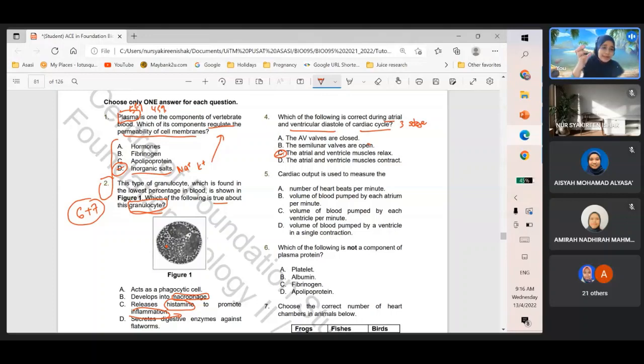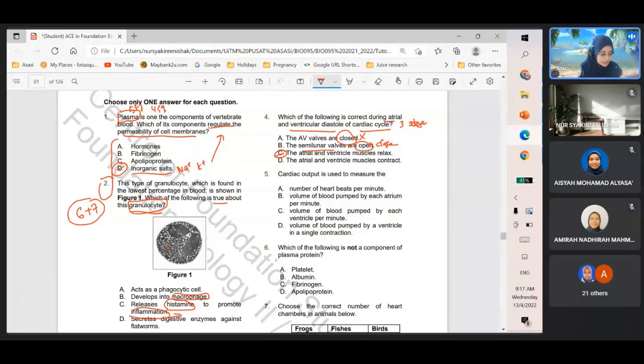So sebab dia nak kumpul darah in ventricle as well, darah tak boleh nak keluar melalui the aorta and also pulmonary artery kan. So antara ventricle dengan the major blood vessels, aorta and also pulmonary artery ada semilunar valve. So semilunar valve kena closed kan, sebab dia nak kumpul darah in all these 4 chambers. So kena closed. Kalau tak, darah akan keluar daripada jantung, okay, melalui aorta and also pulmonary artery.